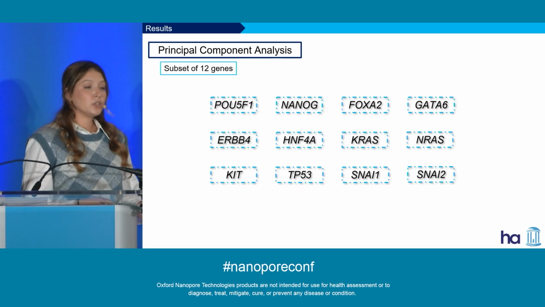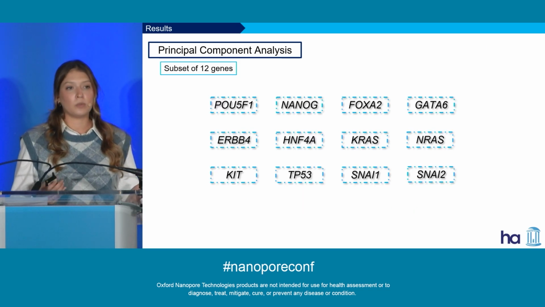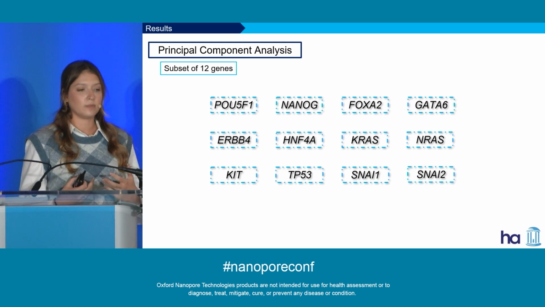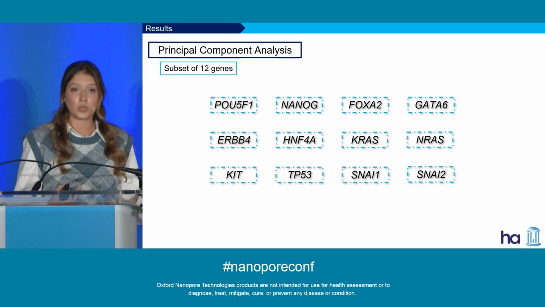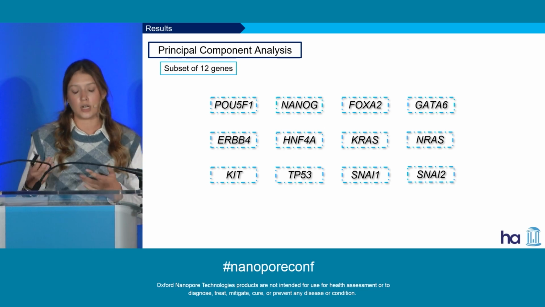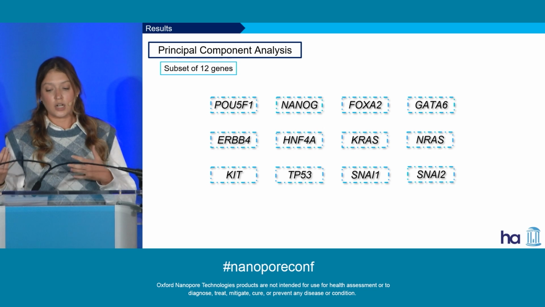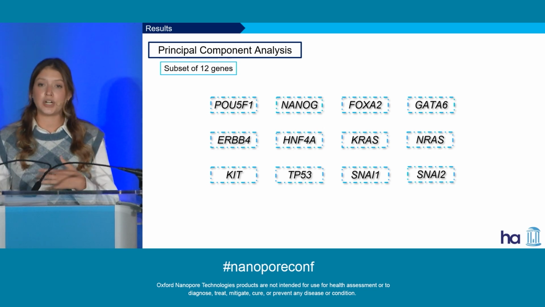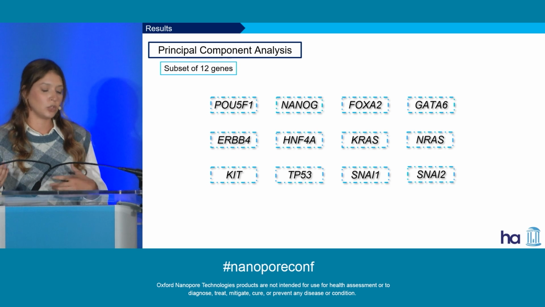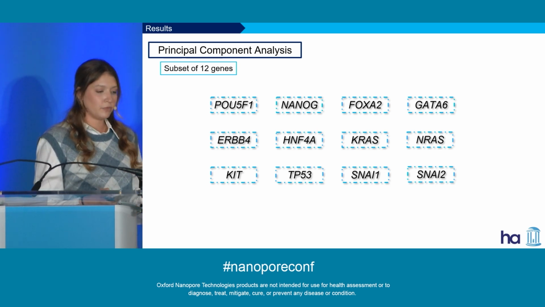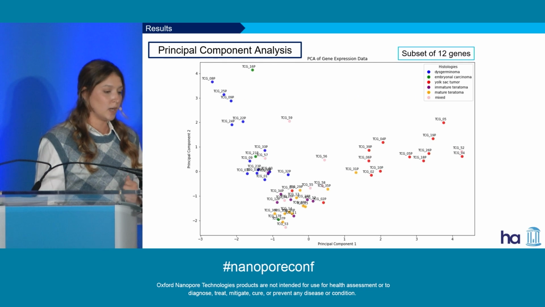So based on the literature, we decided to try to get a subset of genes that could better distinguish those subtypes. And so these genes were gathered based on being previously reported as altered or having a higher or lower expression in some subtypes. So we used that for the next analysis.